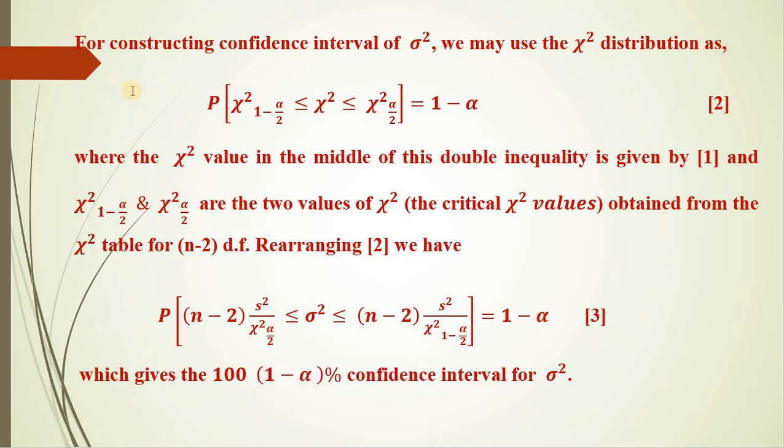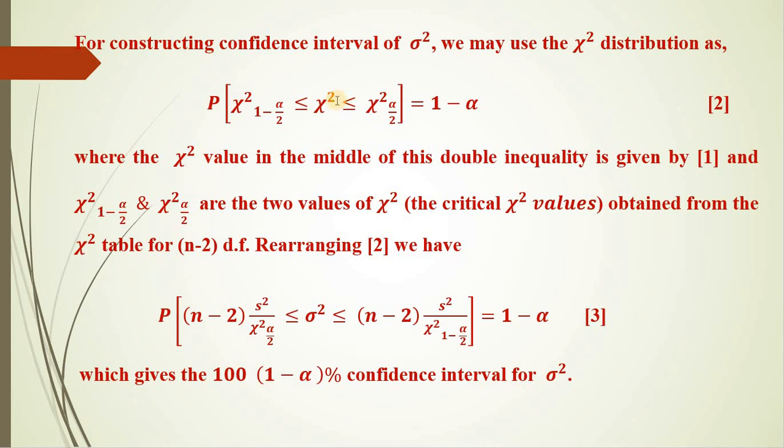Now, for constructing the confidence interval of sigma square, we may use the chi-square distribution as this. Probability of chi-square lies between chi-square 1 minus alpha by 2 and chi-square alpha by 2 is equal to 1 minus alpha. Here chi-square, the value in the middle of this double inequality, is given in 1 in our earlier slide, and chi-square 1 minus alpha by 2 and chi-square alpha by 2 are the two critical chi-square values obtained from the chi-square table for n minus 2 degrees of freedom.